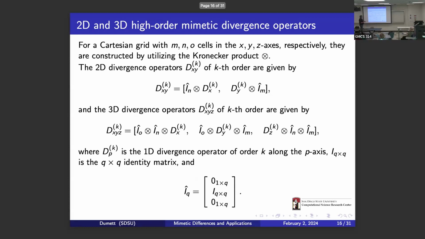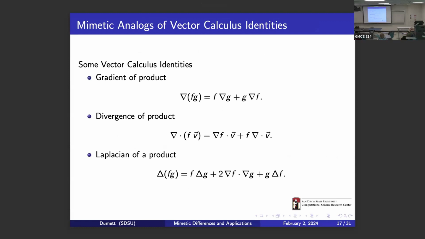Using this notation, we can show that whenever you have a discretization and you want the divergence in 2 dimensions, you will use the divergence in 1 dimension in a Kronecker product with a certain matrix, which is essentially the identity plus 1 extra row of zeros on the top and 1 extra row of zeros on the bottom, which is this. And in 3D, you can write the divergence that way. So it's a very elegant way to write these operators.